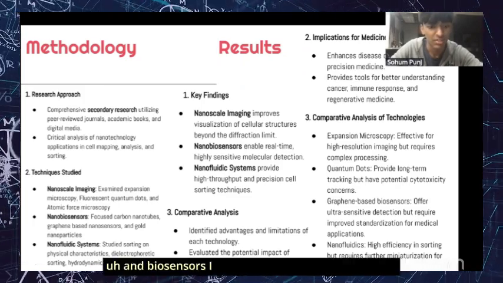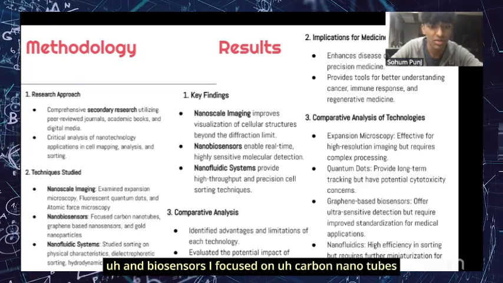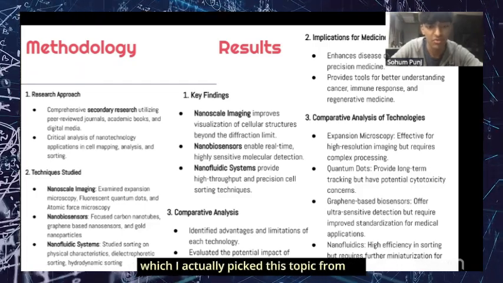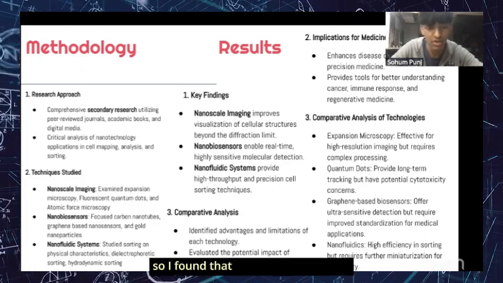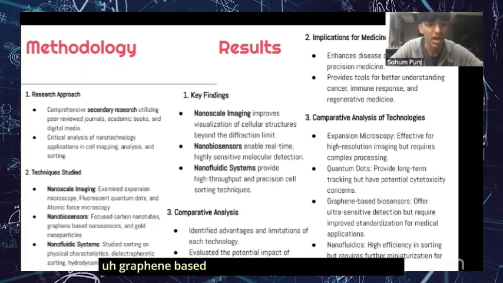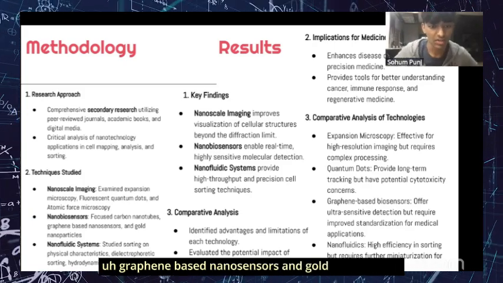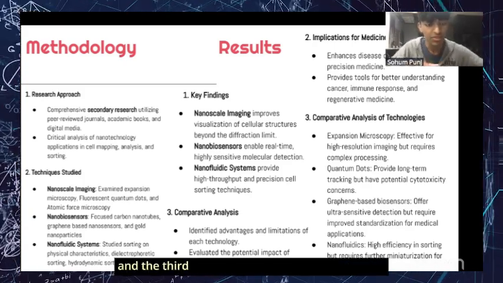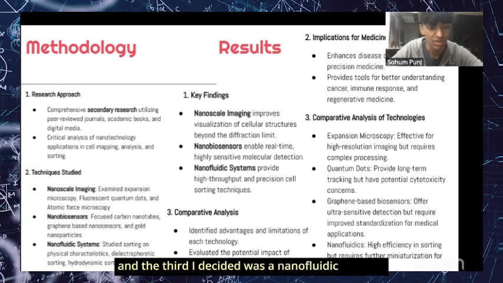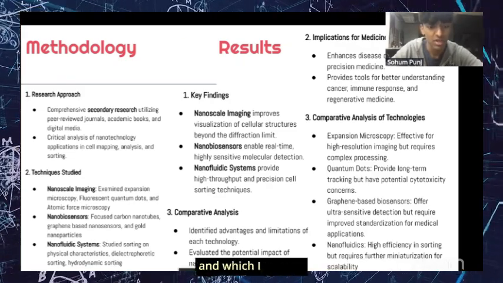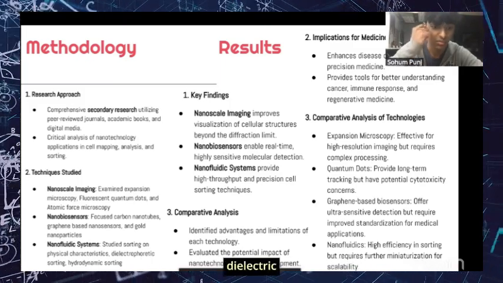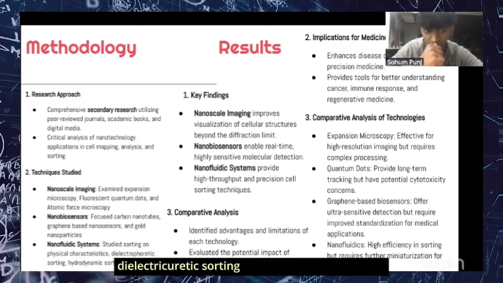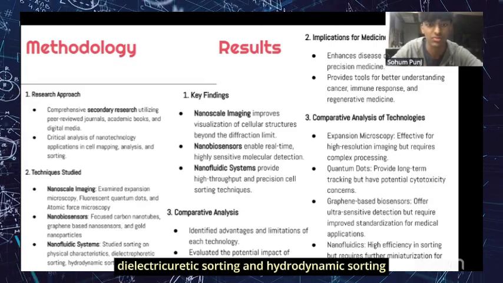In biosensors, I focused on carbon nanotubes, which I actually picked from one of Professor Lilova's lectures, so I found that one really interesting. Graphene-based nanosensors and gold nanoparticles. And the third I decided was nanofluidic systems, in which I studied sorting through physical characteristics, dielectrophoretic sorting, and hydrodynamic sorting.